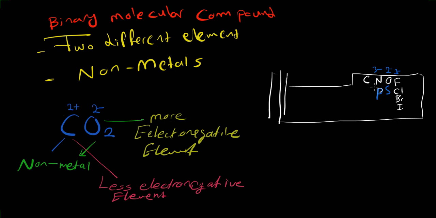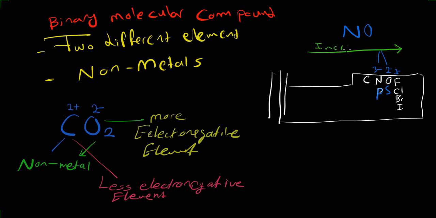But when they are together, for example nitrogen and oxygen together make a compound, NO. So N is the less electronegative element. Why?